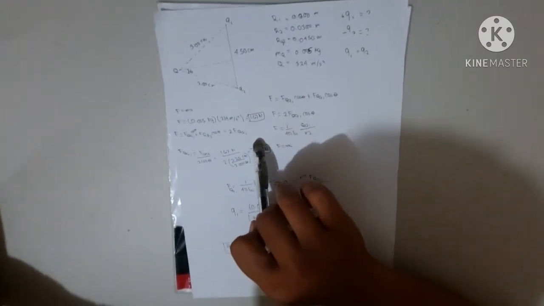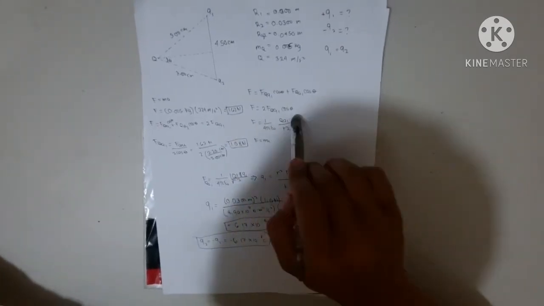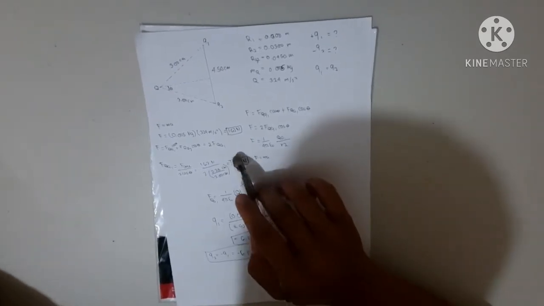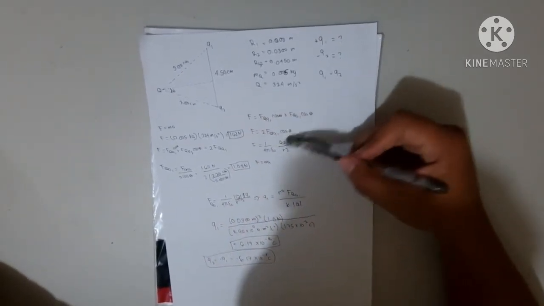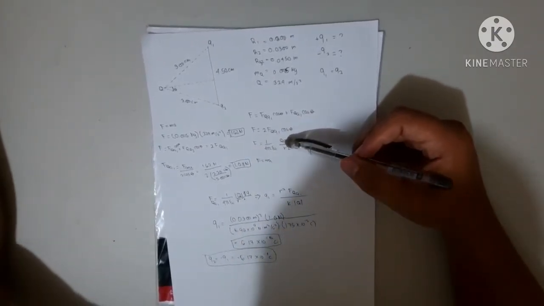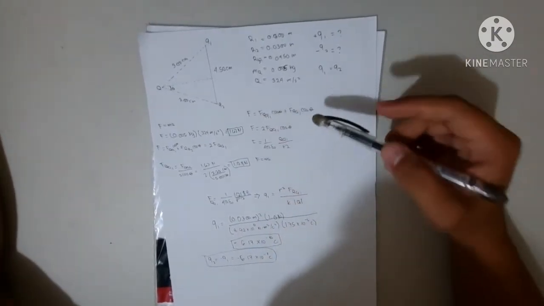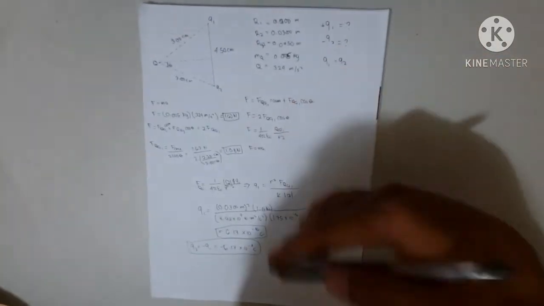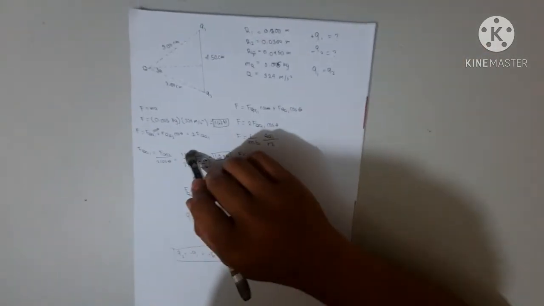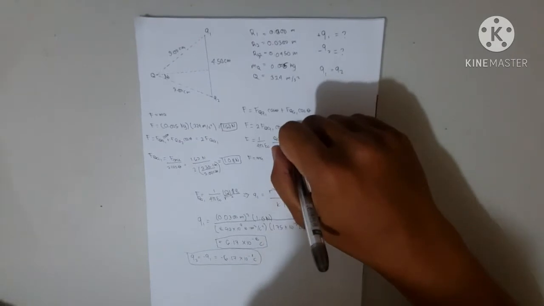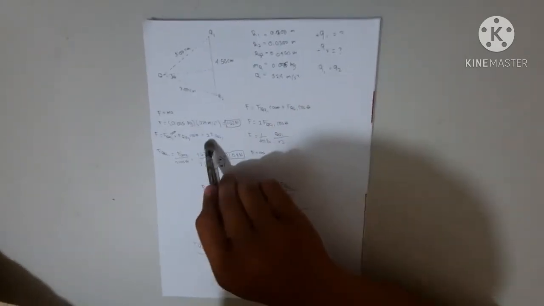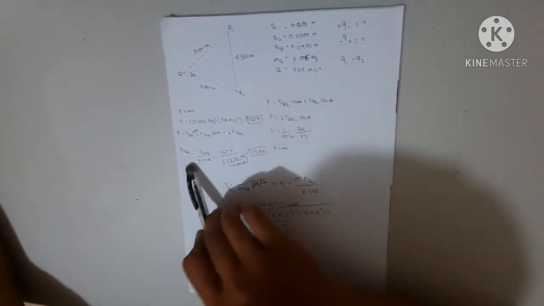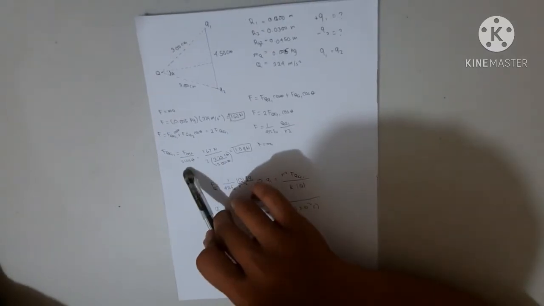So it will lead us back to what we had earlier, which is 2 F of Q on Q1 cosine theta, so that the force on Q1 is the force over 2 cosine theta.